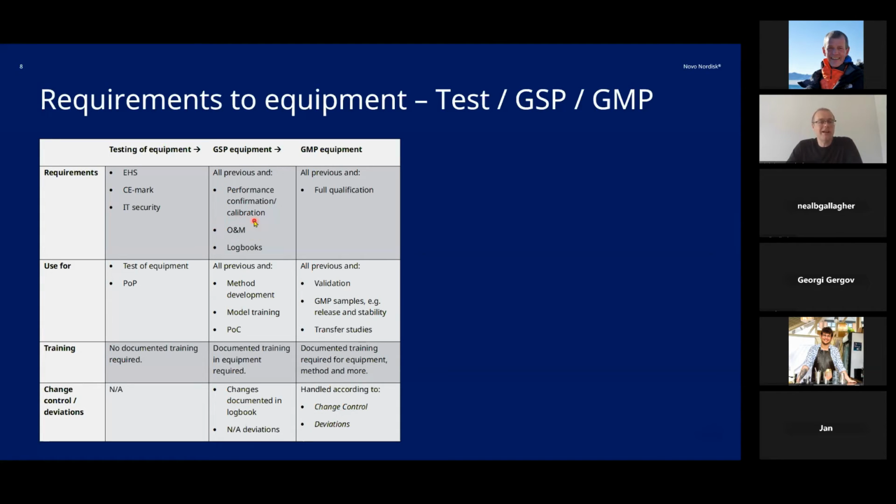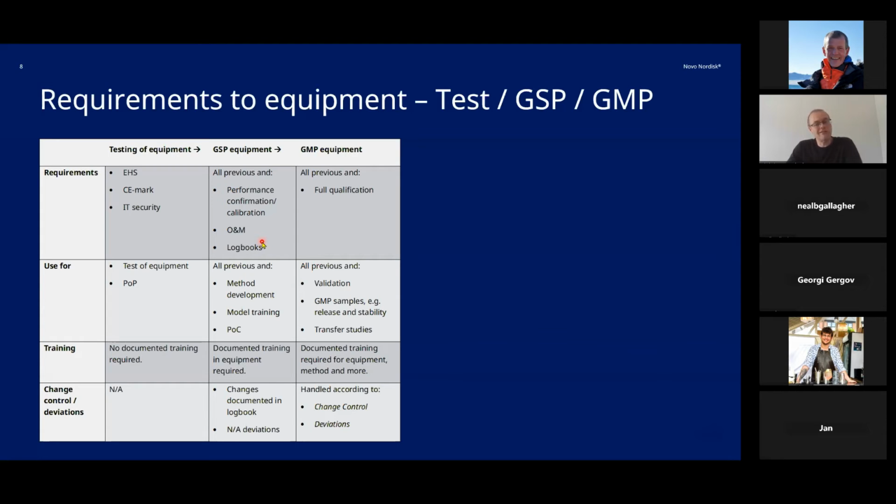Also, we need a guide on how to operate the instrument, because if we don't operate the instrument in the right way, if we expose it to thermal shocks or liquids that it is not pressure-rated for, then the instrument will also go out of GSP control. And for that purpose, we introduce logbooks at this stage, where you should at least notify everything you do that could change the performance of the instrument.